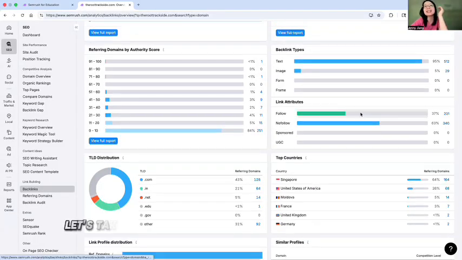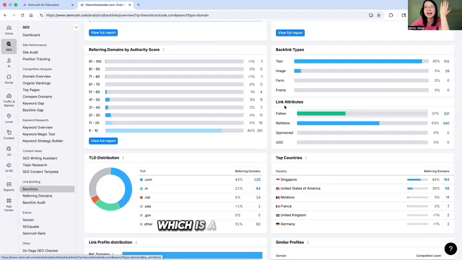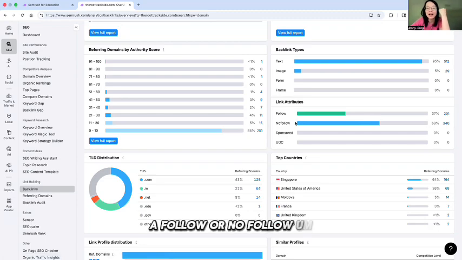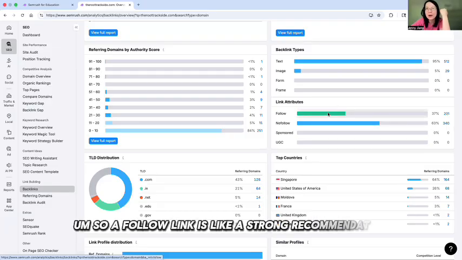Okay, now let's take a look at another very important metric here, which is link attributes, follow or no follow. So we can see 37% follow and 33% no follow. So a follow link is like a strong recommendation.